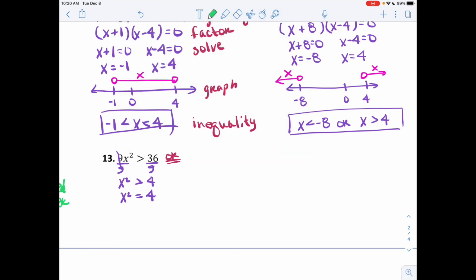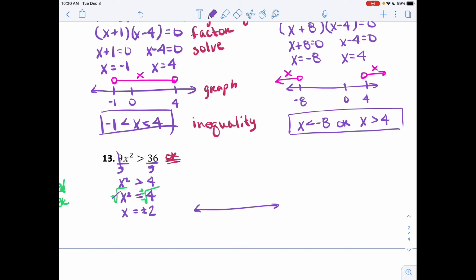And because I have a squared term on the left and a constant on the right, I can use square roots to solve. Don't forget your plus and minus. Remembering that the squared and square root cancel, I'm left with x on the left, and I have a plus or minus square root of 4 on the right, but I know that the square root of 4 is 2, so it's a plus or minus 2. And those are going to be my critical points.